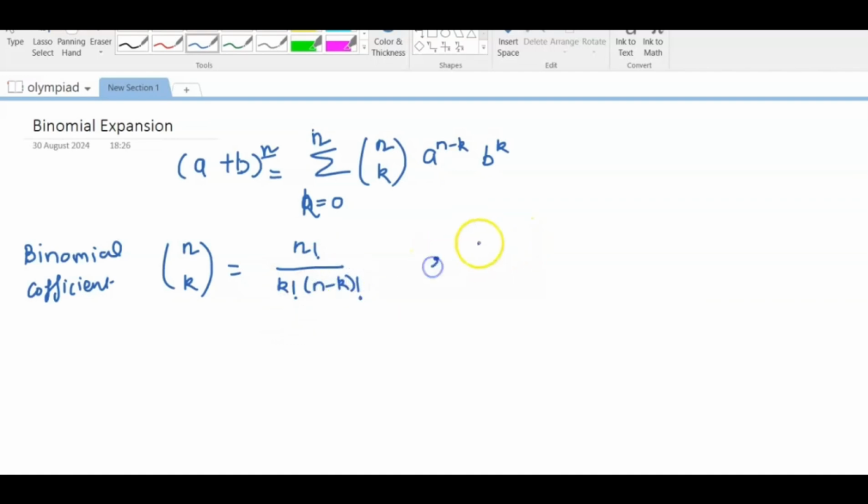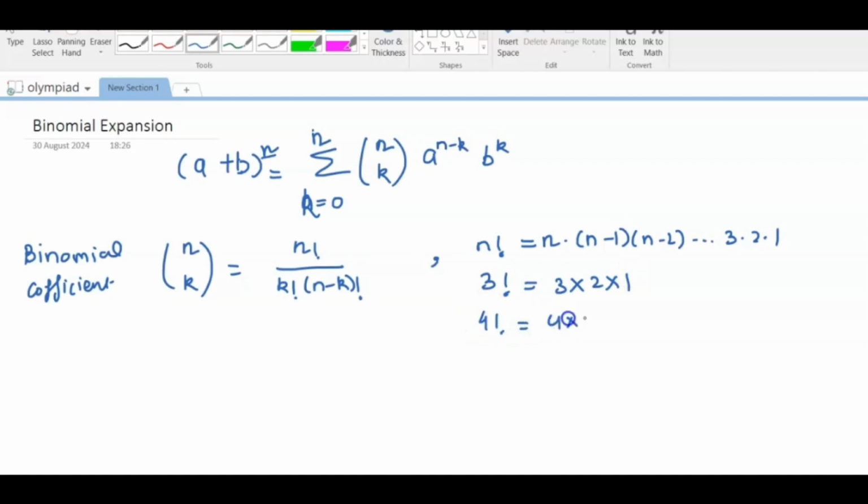And factorial n is nothing but n into n minus 1, n minus 2, down to 3 into 2 into 1. So for example, factorial 3 would be 3 into 2 into 1, and factorial 4 would be 4 into 3 into 2 into 1.